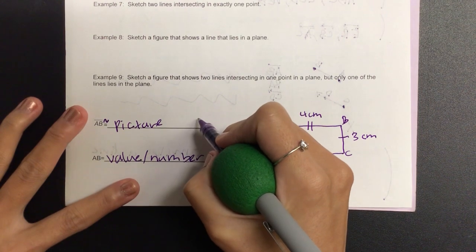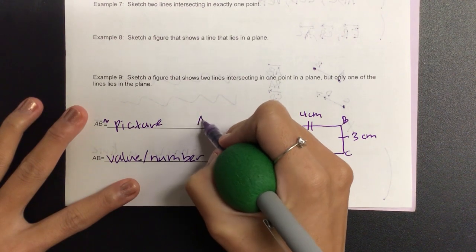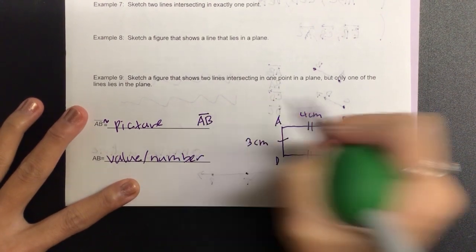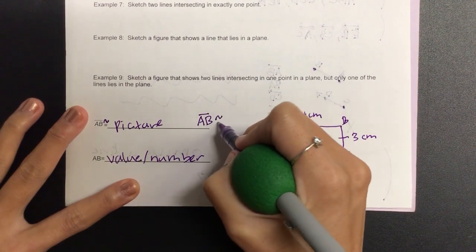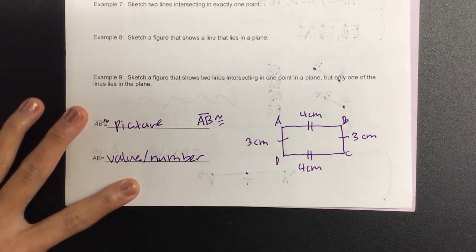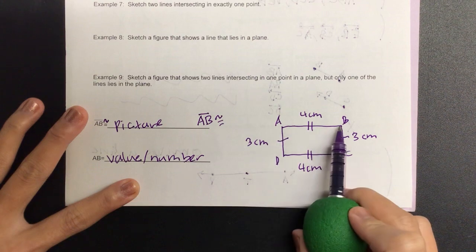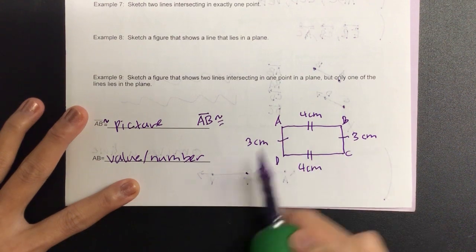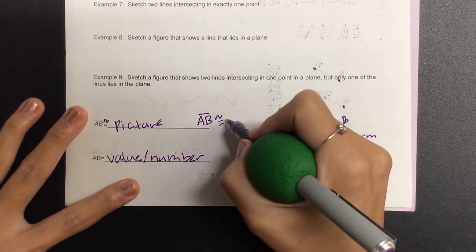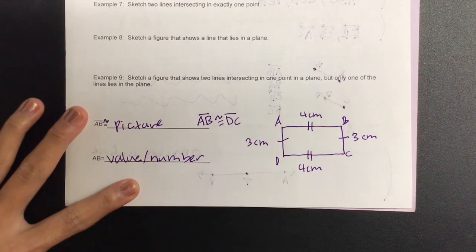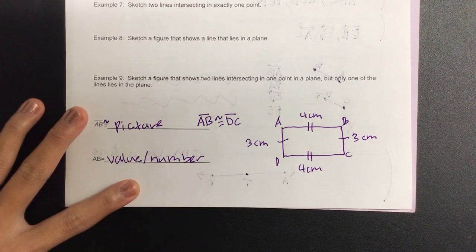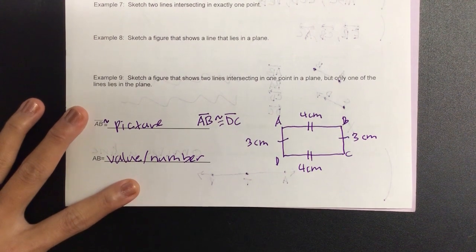If, let's say, on a quiz or test, I say AB with the segment above it is congruent to, that means you're looking at a picture. So AB is congruent to what other side? DC, very good. Now, can you say CD? Yes, you can. Then let's look at it numerically.